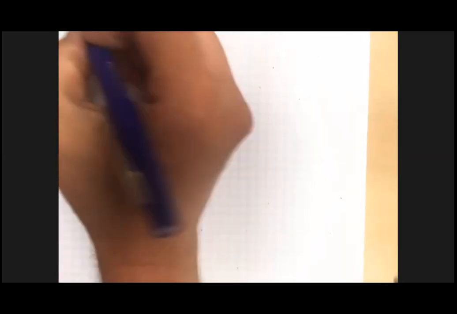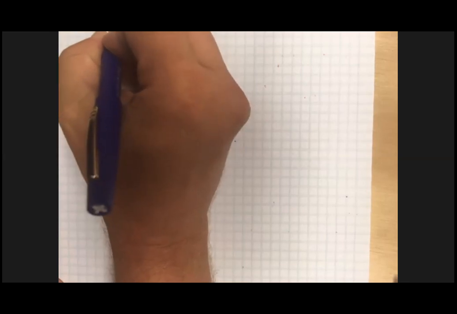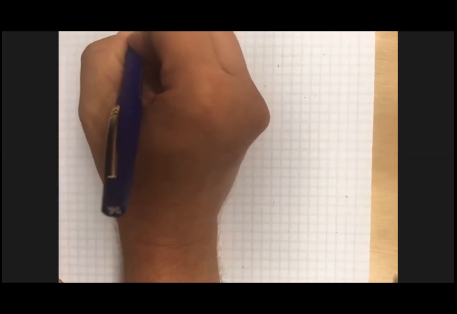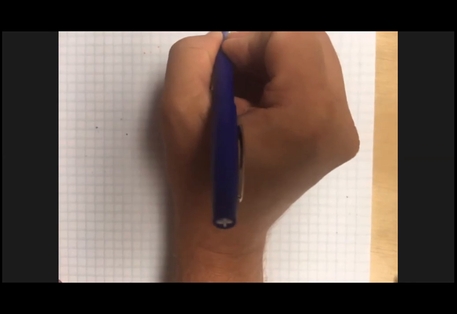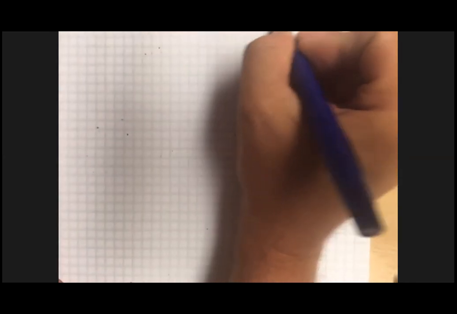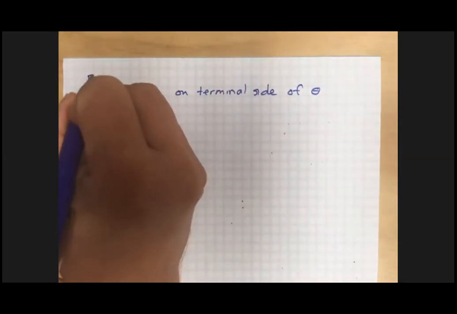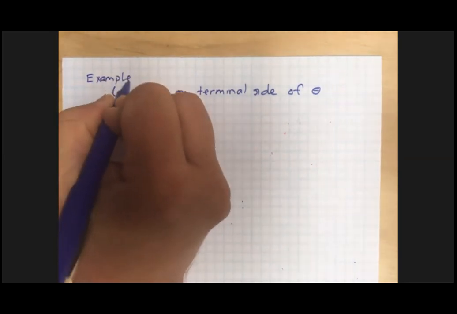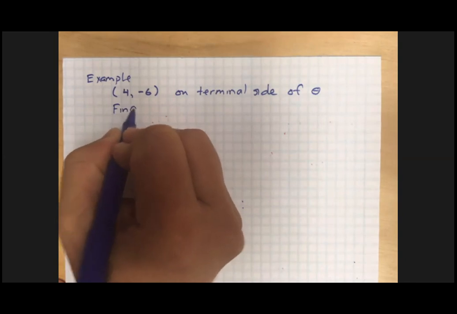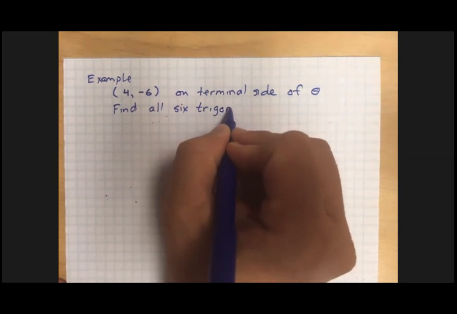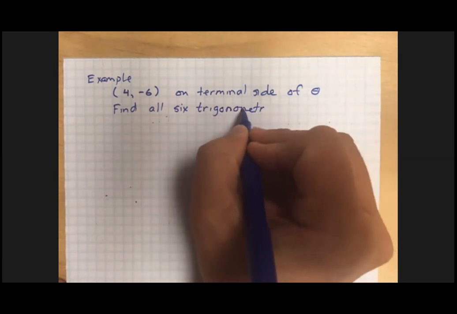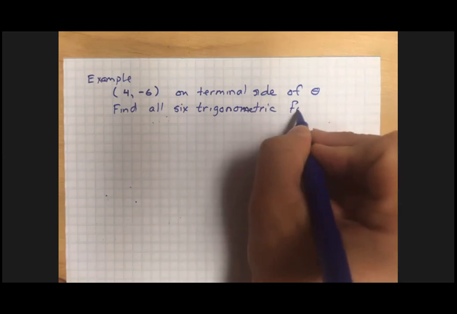Let's try it a different way. Let's say I give you a point like (4, -6), and I say that's on the terminal side of an angle theta, and ask you to find all 6 trigonometric function values.